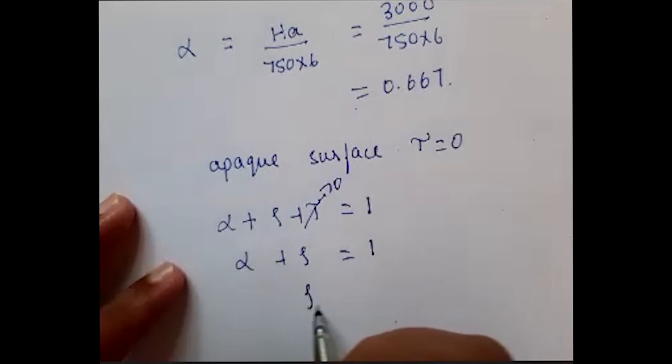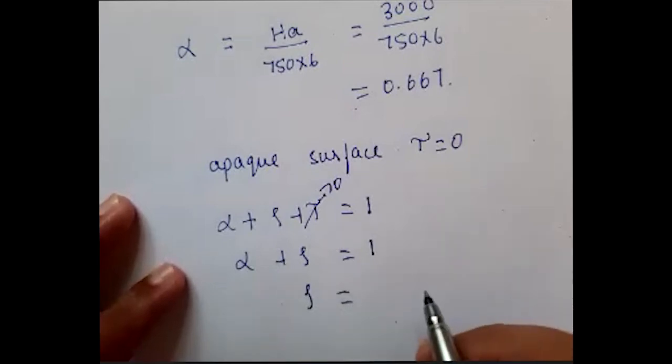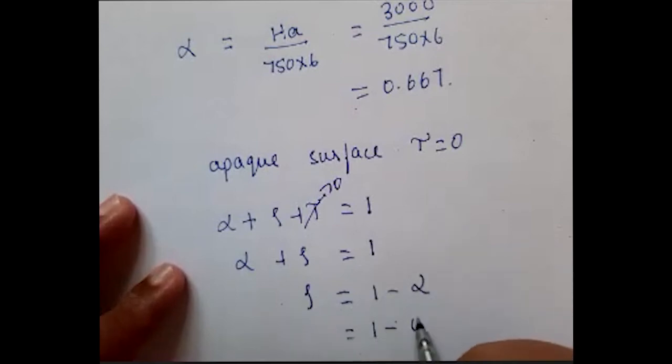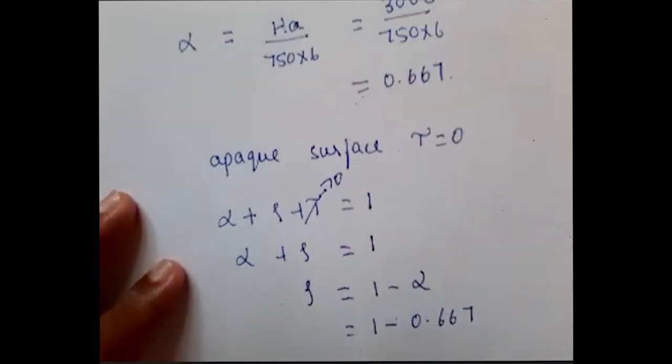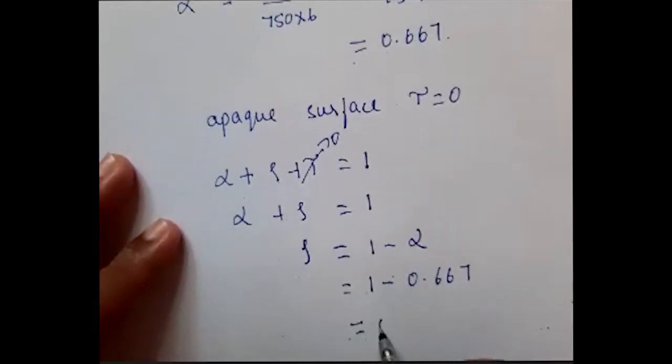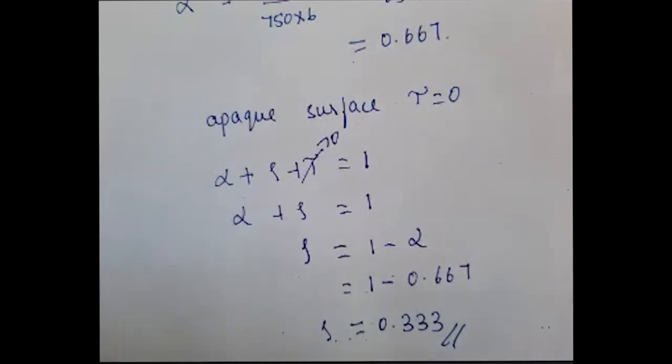I have to find rho, that is reflectivity. It is 1 minus alpha. Alpha is 0.667 from the above equation, so rho will be 0.333. So the reflectivity will be 0.333.